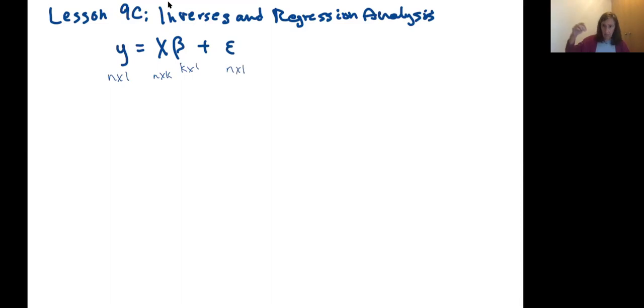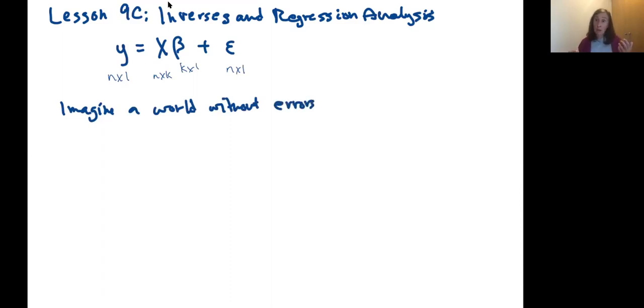To set up the problem that I want to solve, let's imagine a world without any kind of random errors. Okay, imagine a world where we could perfectly predict the dependent variable using those independent variables.